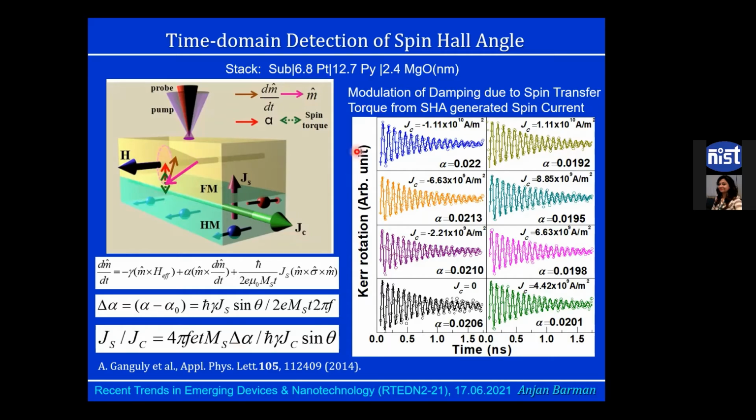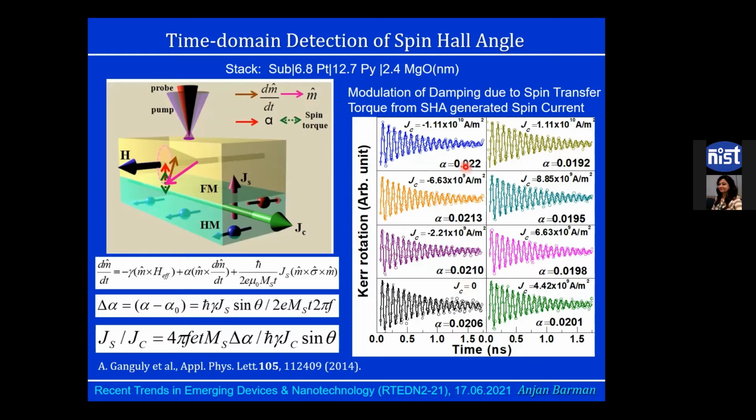So this is Kerr rotation as a function of time, and this is the precessional part. So here the precessional part can be used to measure the damping, and here I'm varying the charge current, not only the magnitude but also its direction. So in this panel, these are negative charge currents. In this panel, they are positive charge currents, and the magnitude is also decreasing from 10 to the 10 ampere here, and slowly it's going to 10 to the 9 and down to 0.